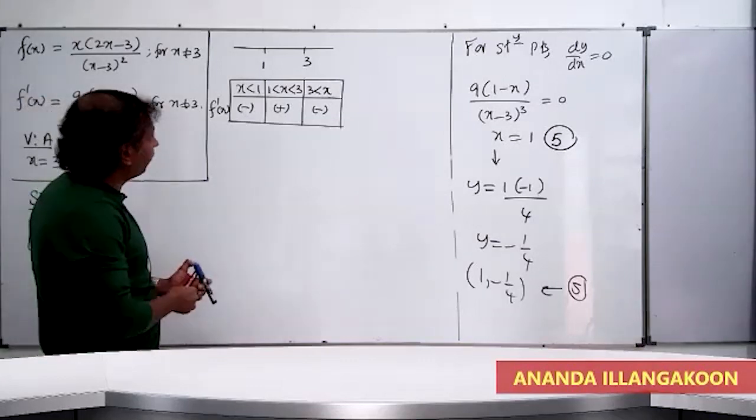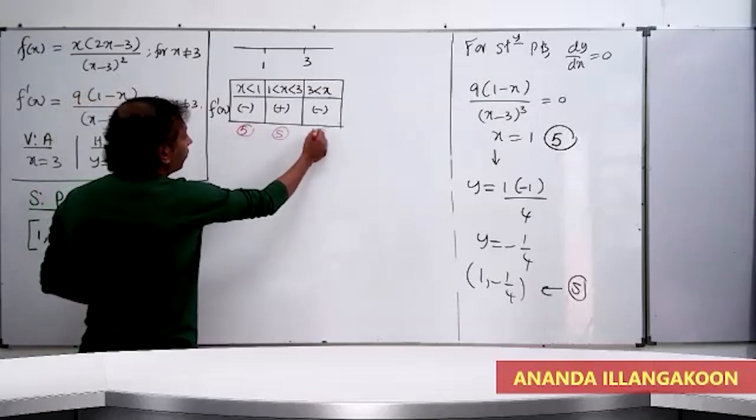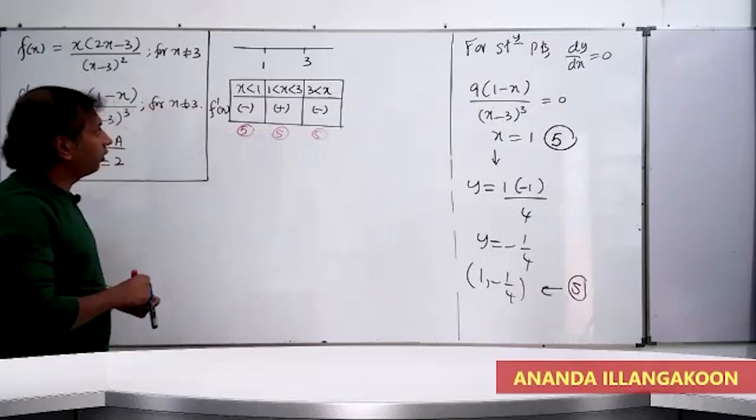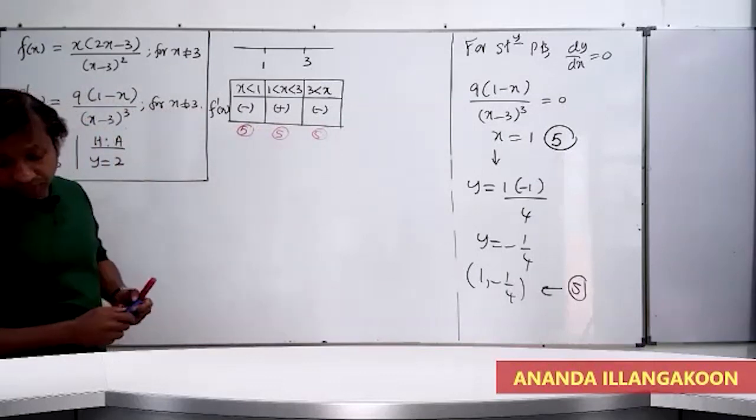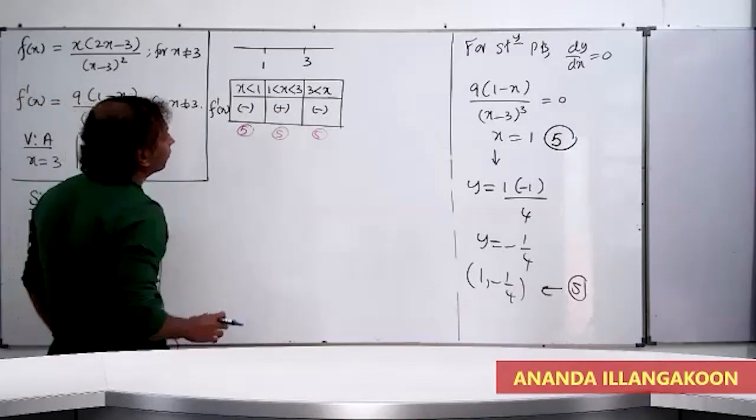Right. For these, 5 marks given. This 5 marks, this 5 marks. Then this is written here: f(x) is increasing in this interval.